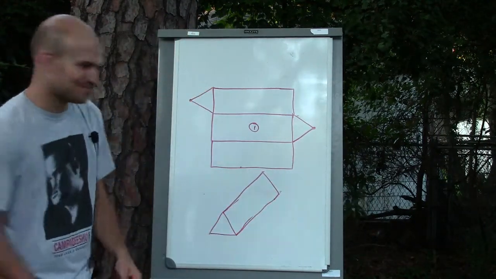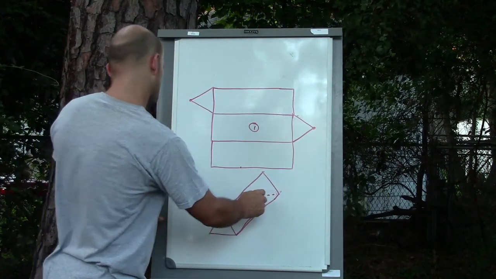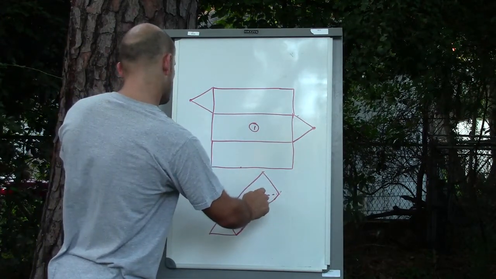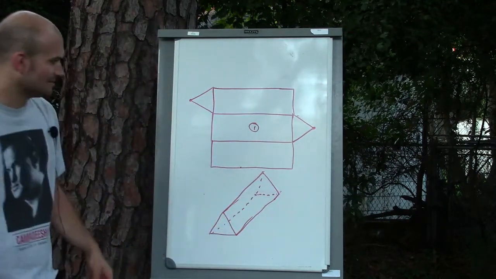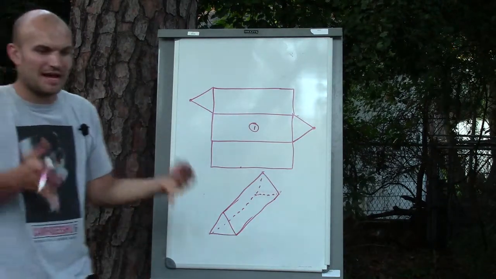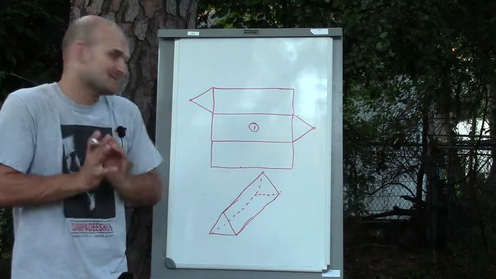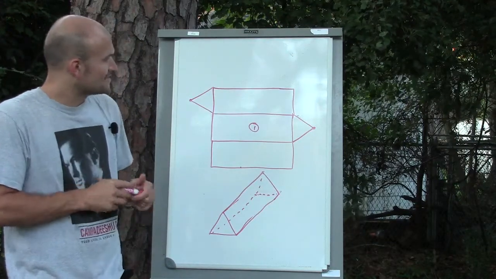Sorry, it's really difficult to do this. And then I'll just go with something like that, and that would go right there. So it's going to look something like that, your triangular prism. Hopefully you can see that a triangular prism is going to have a triangular base, and then it's just extended to another triangle base on the other side.